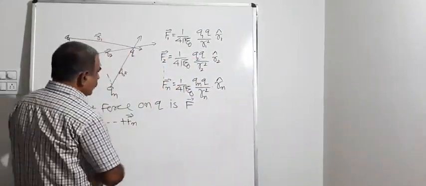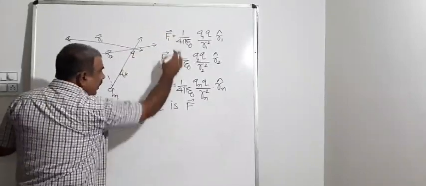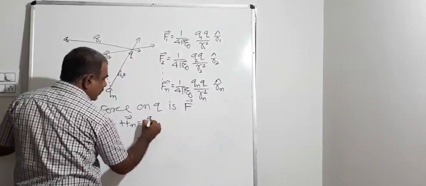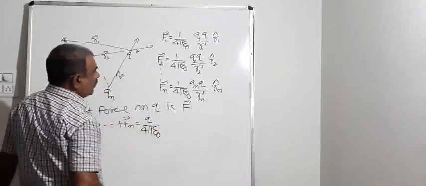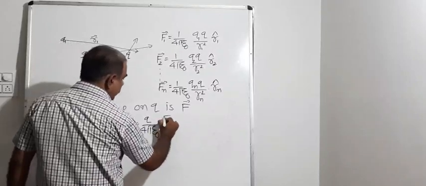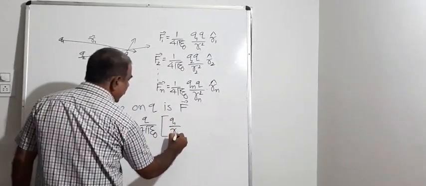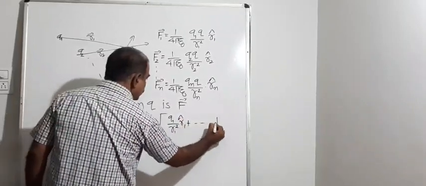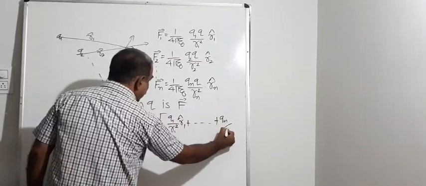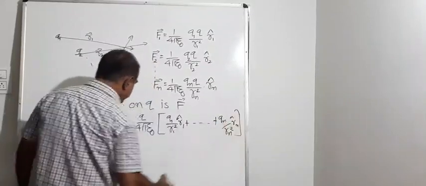So if I substitute the values of F1 plus up to Fn, in all terms what is common? q upon 4 pi epsilon 0 is common. Inside the bracket, q1 by r1 square, r1 cap, plus up to qn by rn square into rn cap.